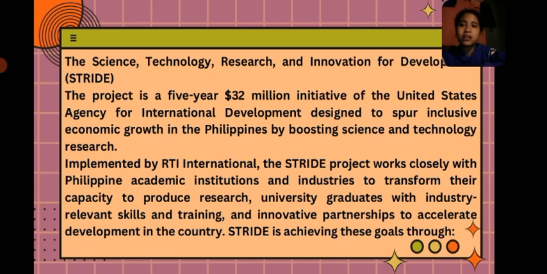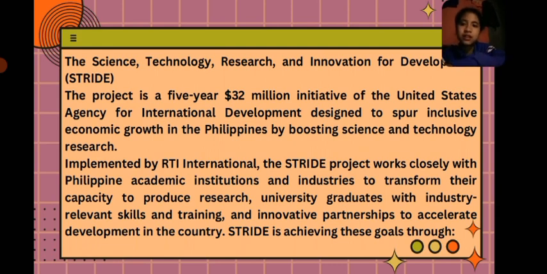Implemented by RTI International, the STRIDE project works closely with Philippine academic institutions and industries to transform their capacity to produce research, university graduates with industry-relevant skills and training, and innovative partnerships to accelerate development in the country.